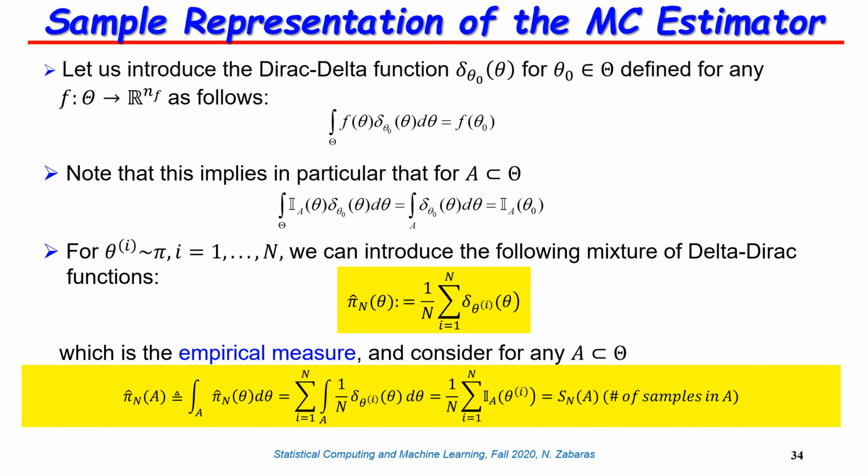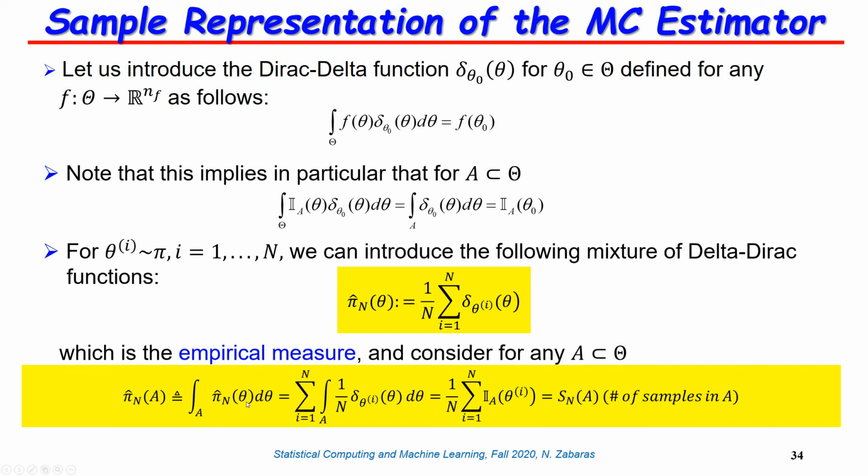Before, if you remember, we computed pi of A. So now I want to compute this integral that you see here, that is pi hat subscript n of theta d theta. So I want to know what is the probability that I will be in A under the distribution defined by this empirical mixture of the delta Dirac distributions.